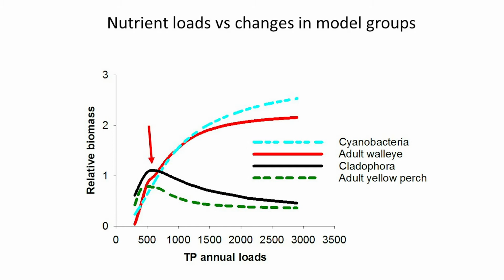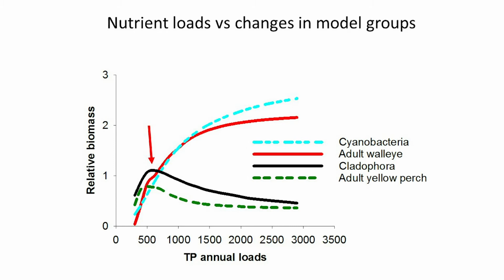The red arrow indicates the current level of nutrient loads in Saginaw Bay as best as can be estimated. So notice that different taxa in the food web respond differently to increases in nutrient loads. You can see that walleye and cyanobacteria, or the blue-greens, that cause harmful algal blooms keep increasing in biomass as we increase nutrient loads, whereas yellow perch and Cladophora pretty much reach a peak at the current level of nutrient loads coming into the bay.